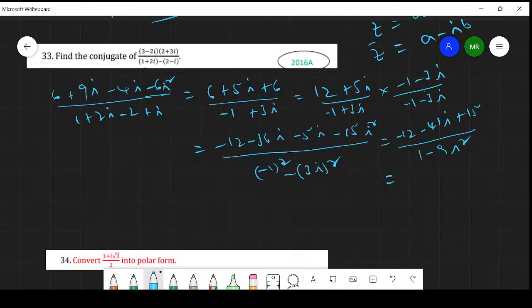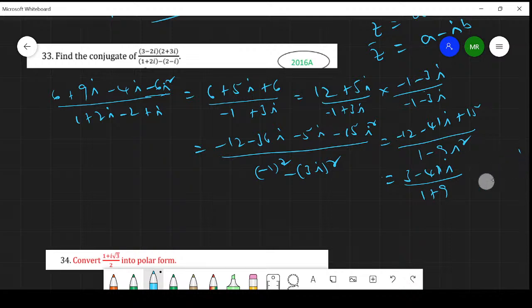I can write minus 12 plus 15, this will be 3 minus 41i by 1 plus 9, because i square is minus 1. It will become 3 by 10 minus i into 41 by 10. Correct?